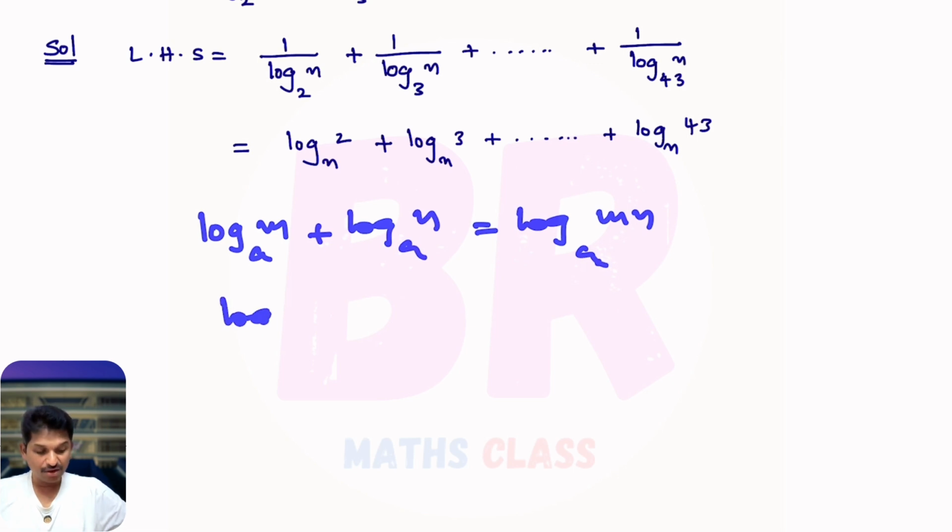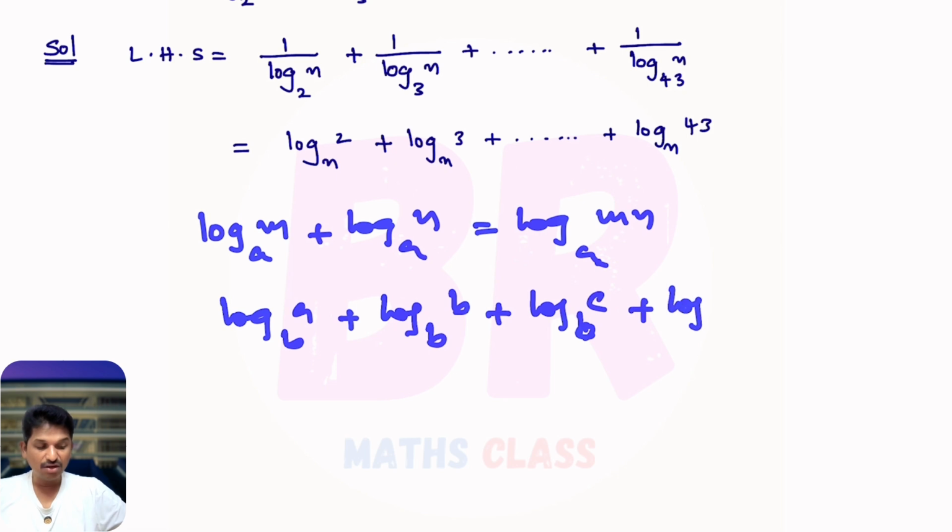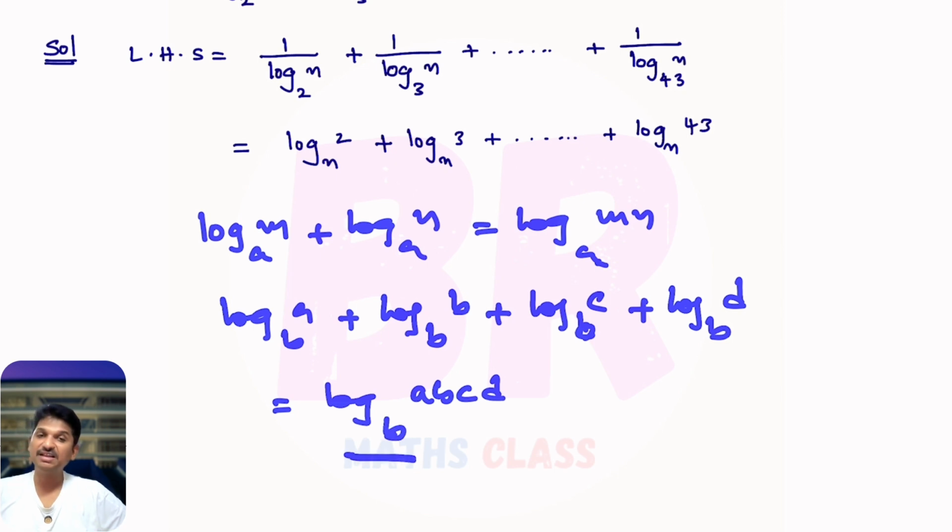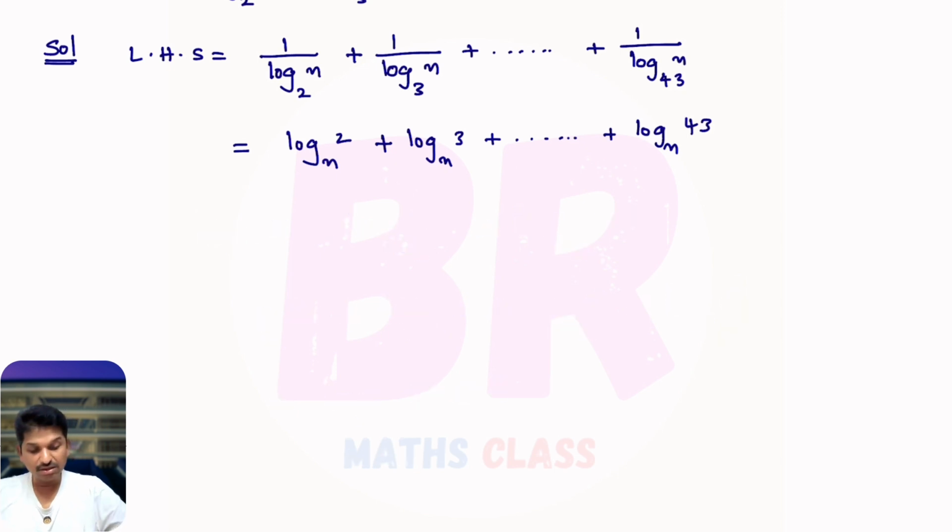That means log a base b plus log b base b plus log c base b plus log d base b can be written as logarithm of abcd base b. So here, with the help of that formula, this can be written as logarithm of 2 into 3 into 4 into and so on 43 base n. This is from the basic property.